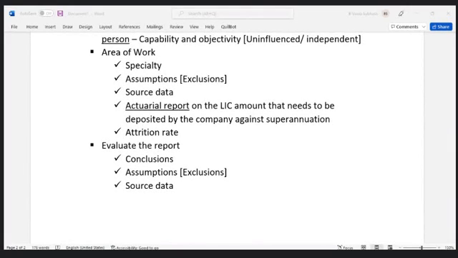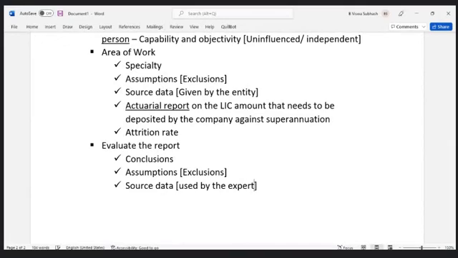Here they can also differ in terms of what was the conclusion, what was the assumption taken, or the assumptions or source data given by the entity and used by the expert.